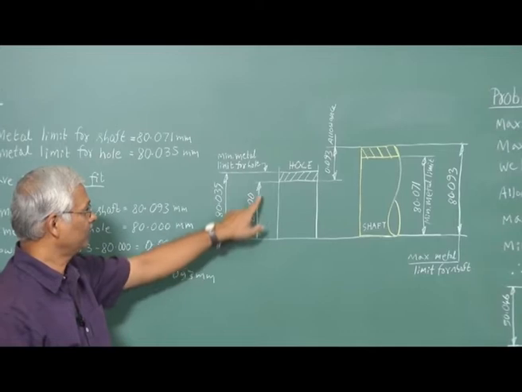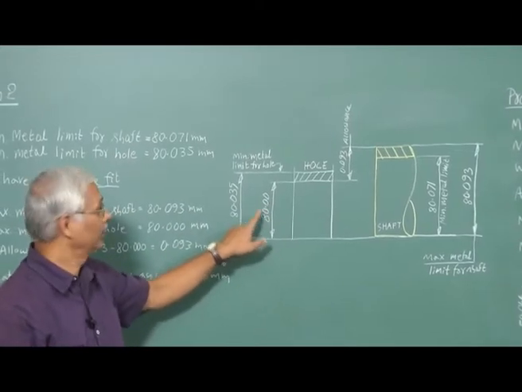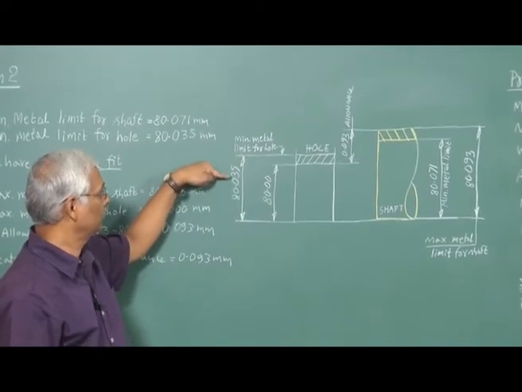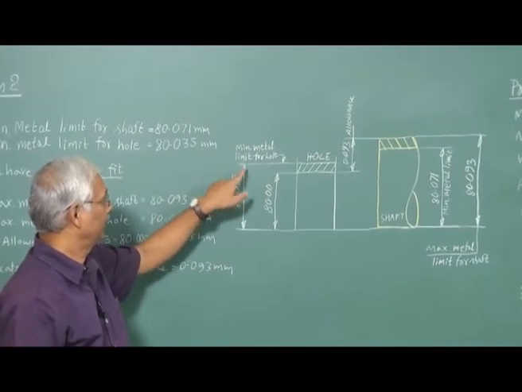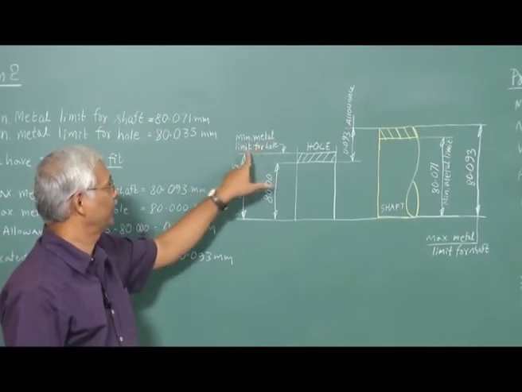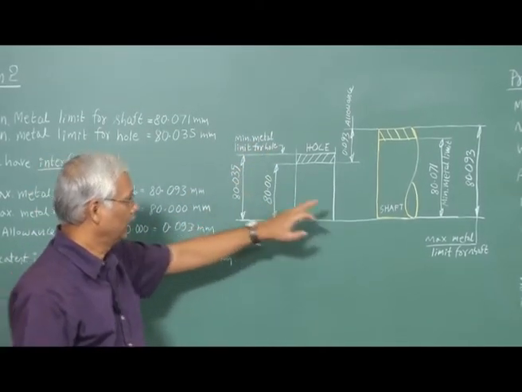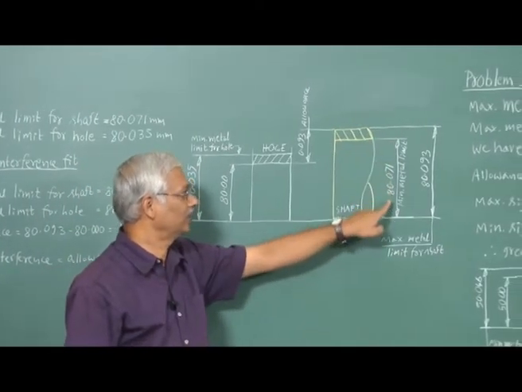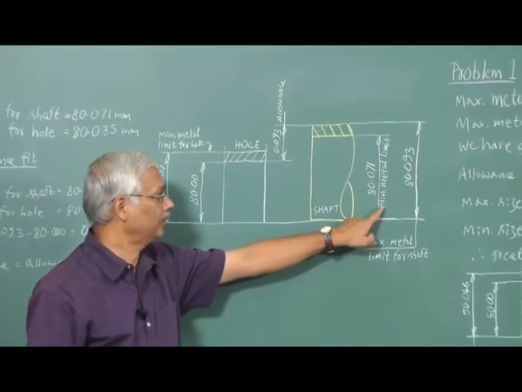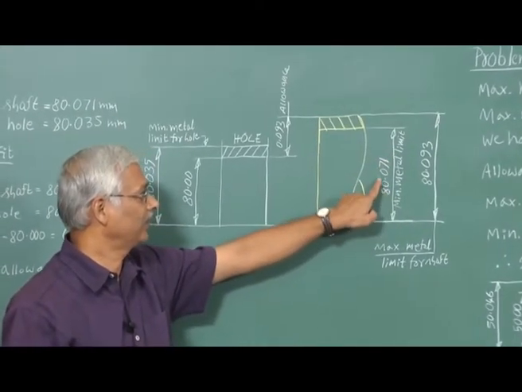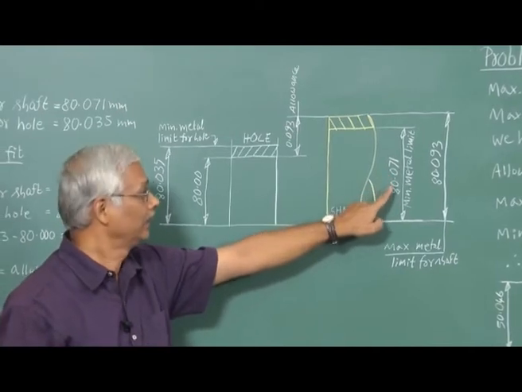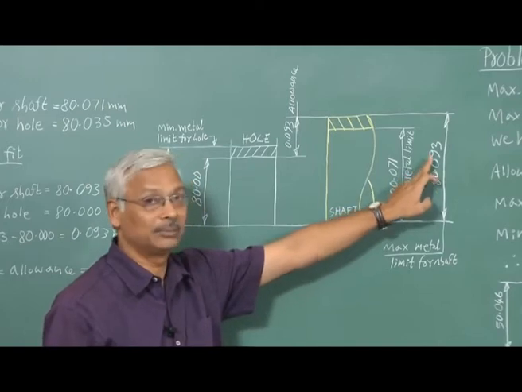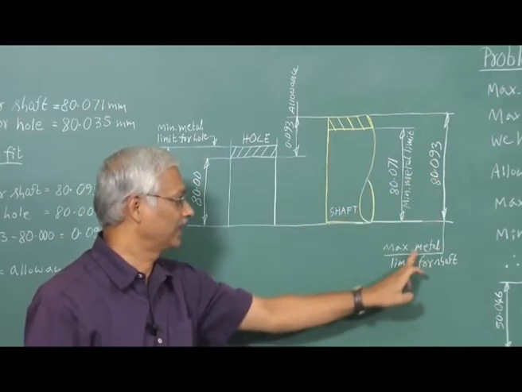The minimum size of the hole is 80 millimeter, and the maximum size of the hole is 80.035 millimeter, and this corresponds to the minimum metal limit for the hole. And we have a shaft here, and the minimum size of the shaft, corresponding to the minimum metal limit, is 80.071 millimeter, and the maximum size of the shaft is 80.093 millimeter, corresponding to the maximum metal limit.